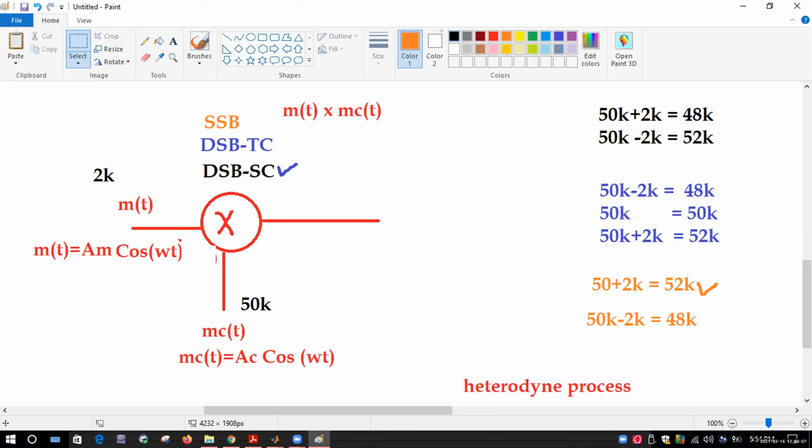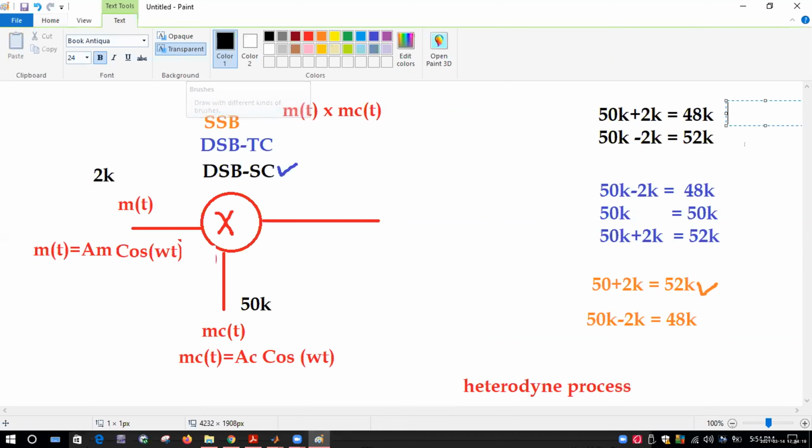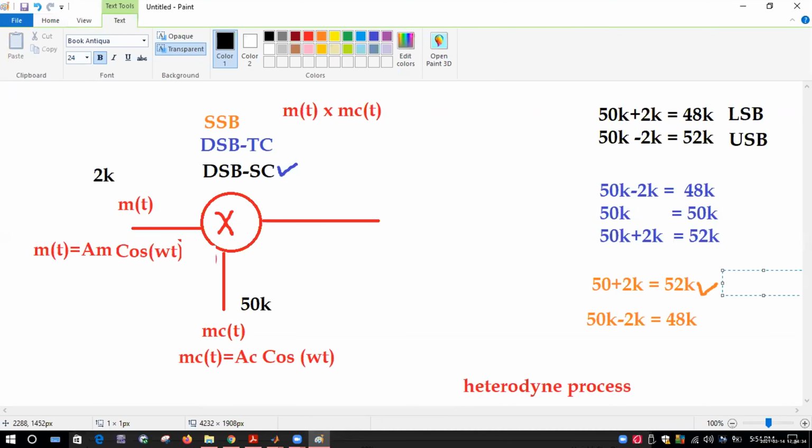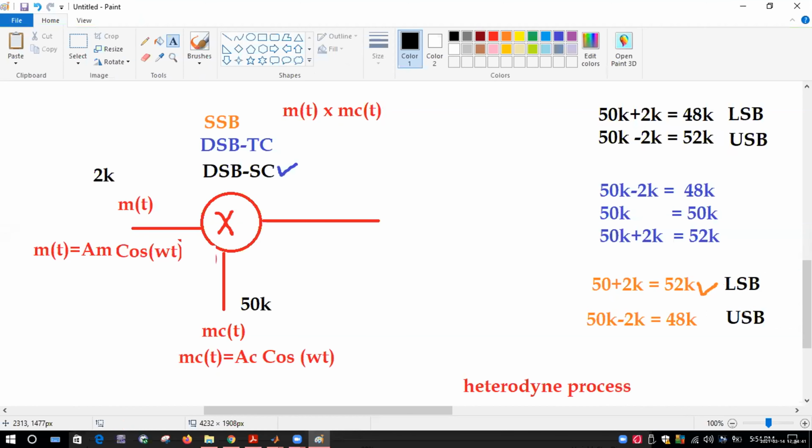And one thing more, let me write it with the other color, let's say black. Here, this one is called the lower sideband, and this one is your upper sideband. When we are using double sideband transmission, we transmit both the sidebands at the same time. But if you are using single sideband, then either you transmit a signal on the lower sideband, or you can use the upper sideband, but you don't use both of them.